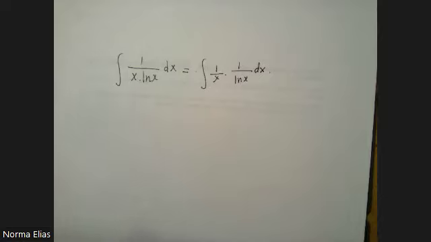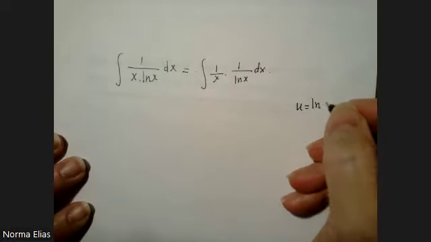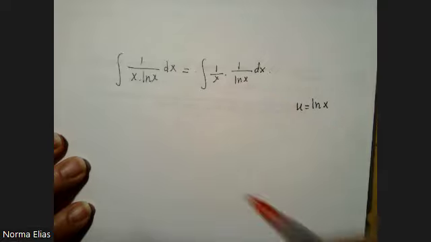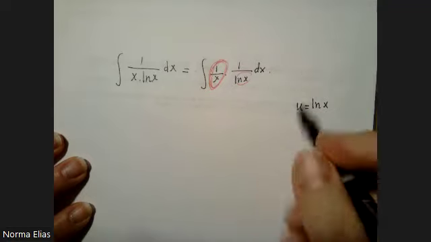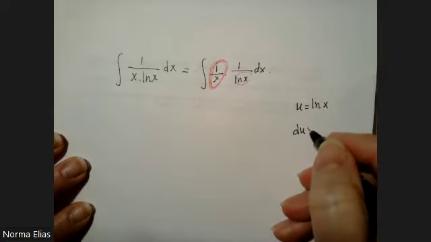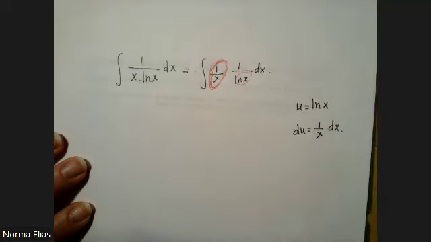You see a function and its derivative. U would be ln x. Why is this a good idea? Because the derivative is actually staring at us. So du is the 1 over x dx.